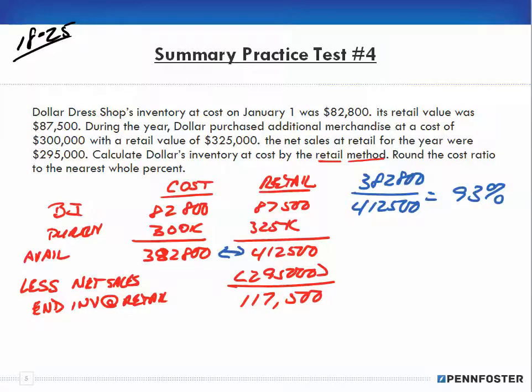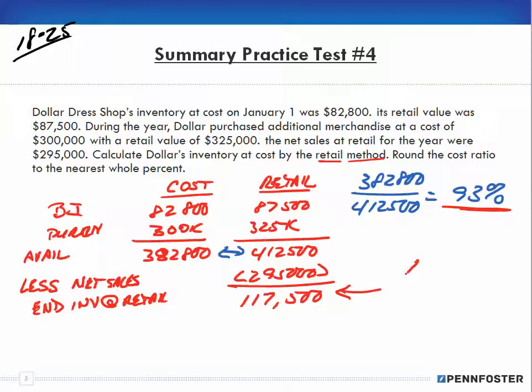So now, since we know that's the relationship, that ratio is our relationship between our cost and our retail. Well, if we know our ending inventory at retail is 117.5, we can apply that ratio in order to calculate our cost. Because remember, right now that 117.5 is retail.